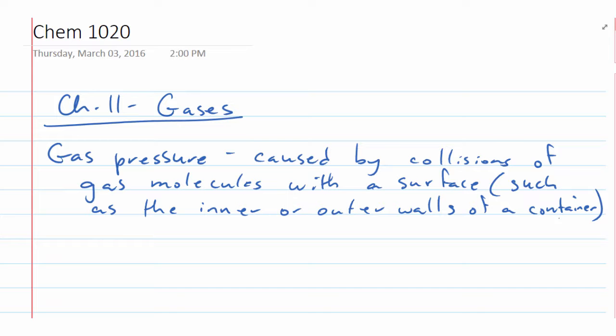Now, if we were to talk about water as a liquid versus water as a gas, if this is water as a liquid, water as a gas would look like what? They would be out here. They would be further apart. In liquid water, the molecules are pretty much in contact with each other.